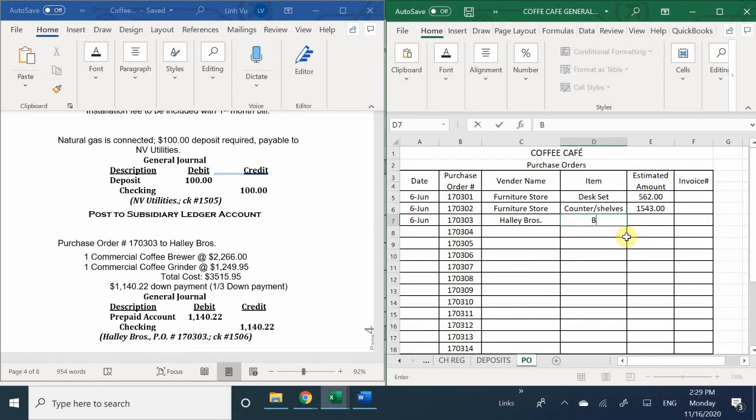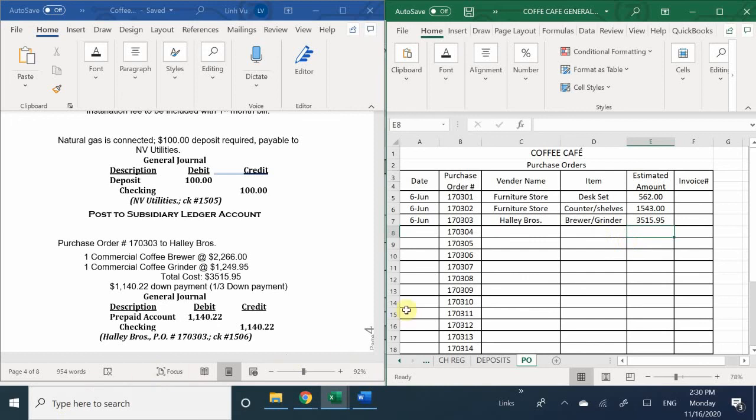And you can write brewer slash grinder. And it was for a grand total of $3,515.95. And when we expect it to arrive is when we journalize it.